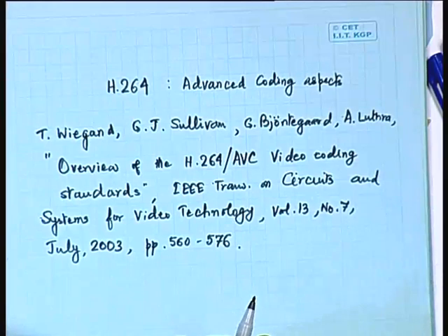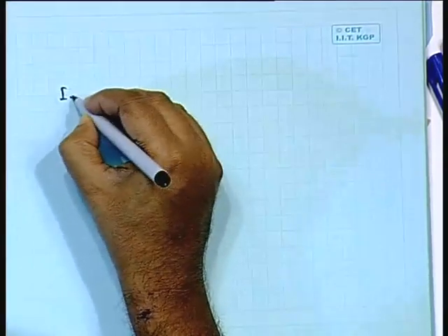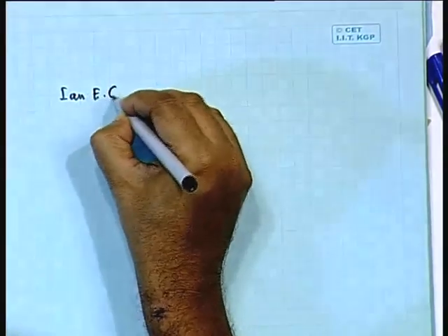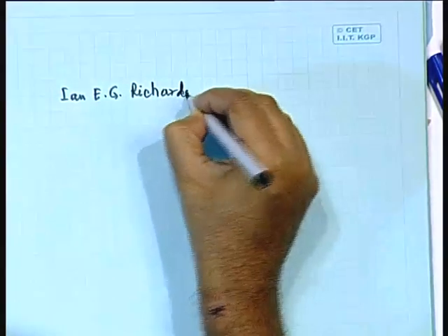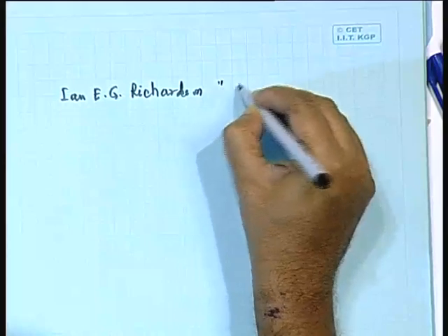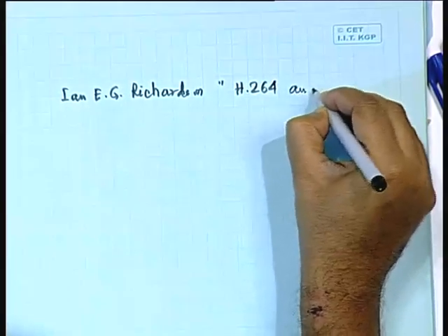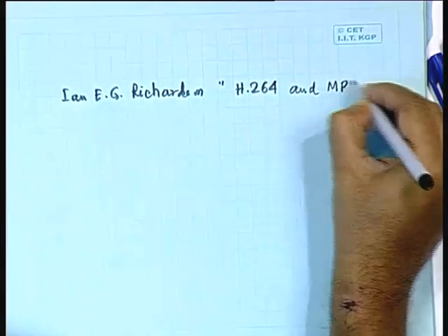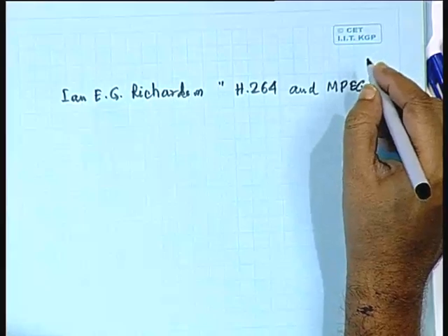And another reference that I would like to suggest is a very recent book published by Wiley, by Iain E. G. Richardson, and the title of the book is H.264 and MPEG-4 Video Compression. In fact, it covers both these standards in considerable detail.